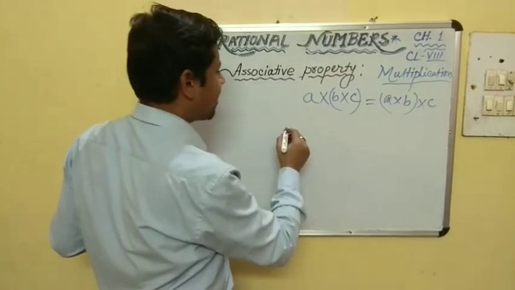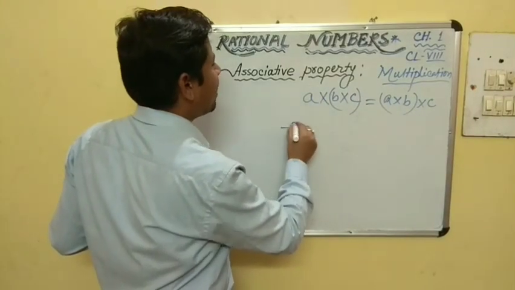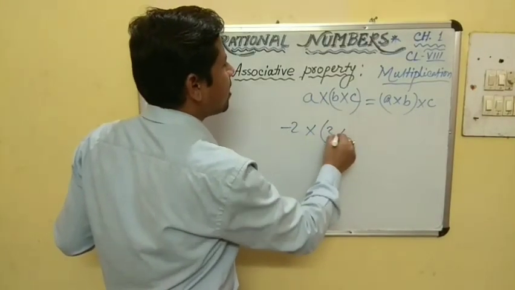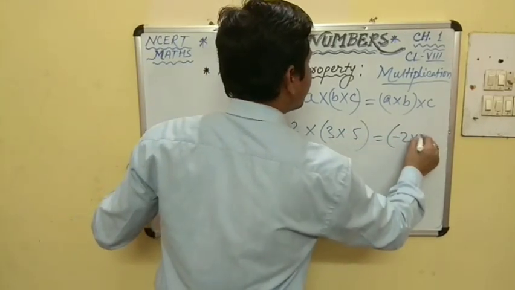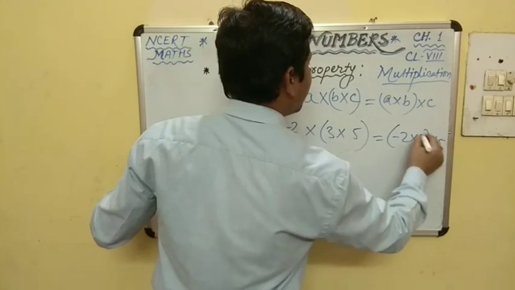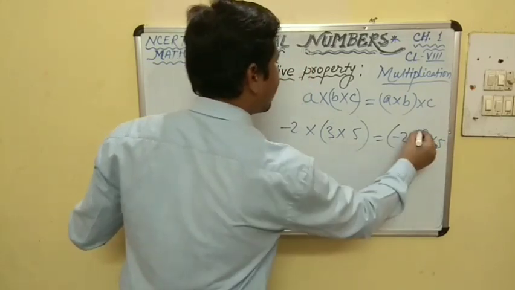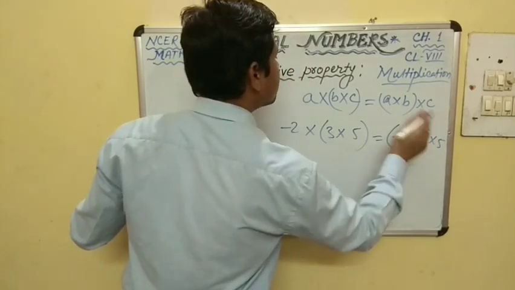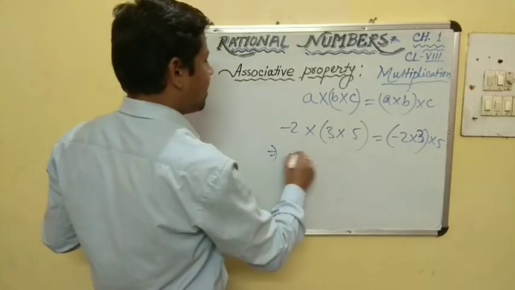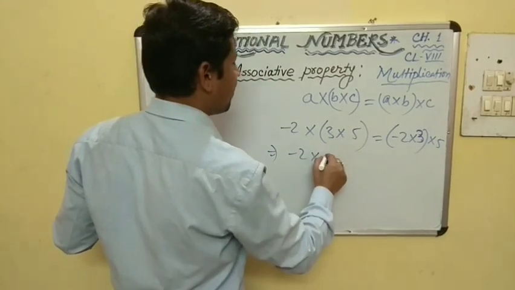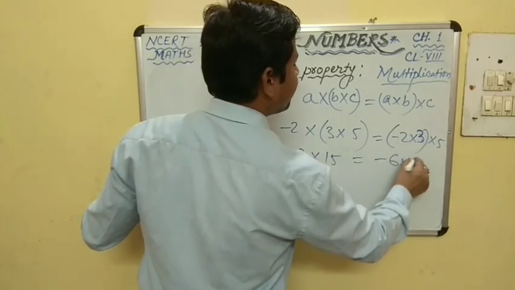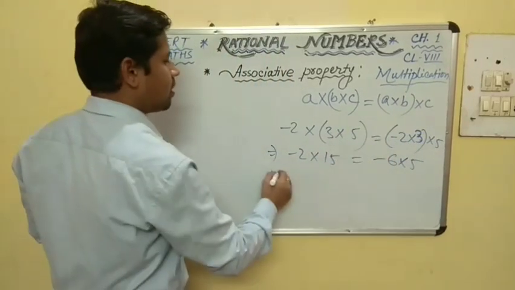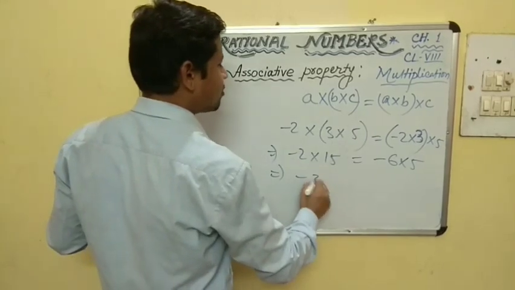If we take integers, then minus 2 into (3 into 5) is equal to (minus 2 into 3) into 5. Are they equal or not? Let's take them individually, left and right side. Here minus 2 into 3 fives are 15 is equal to minus 30, and minus 6 into 5 is minus 30.